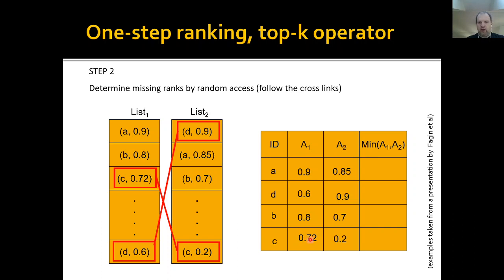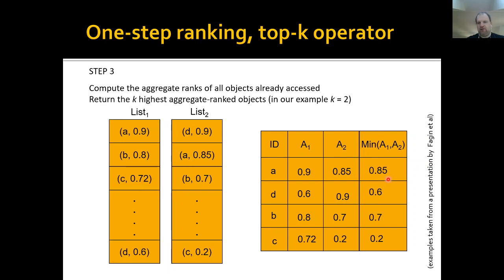So now we have all scores for at least k, which is 2, in fact for 4 objects, and we can compute the aggregation function, which in this case is minimum. So we get 0.85, 0.6, 0.7, 0.2, and just pick the best scoring two objects, which are A and B, and this is the result. This is the result presented to the user, and the algorithm ends.